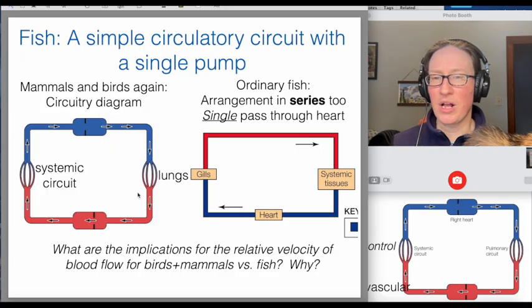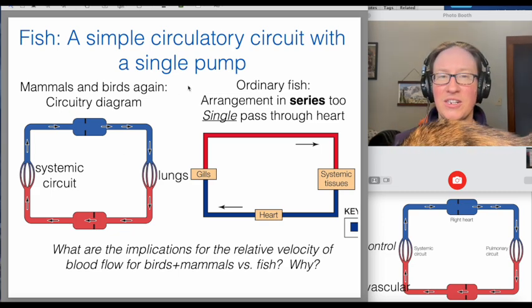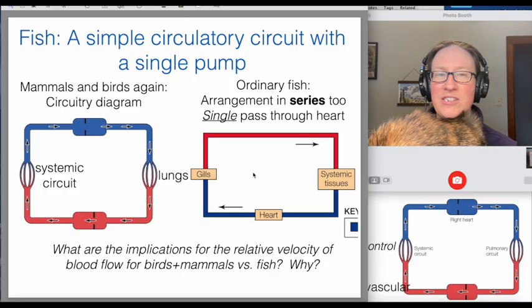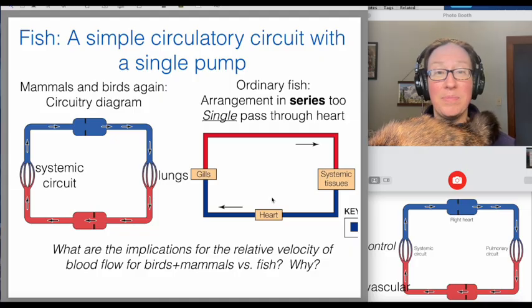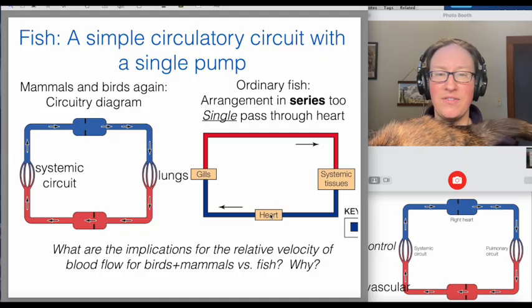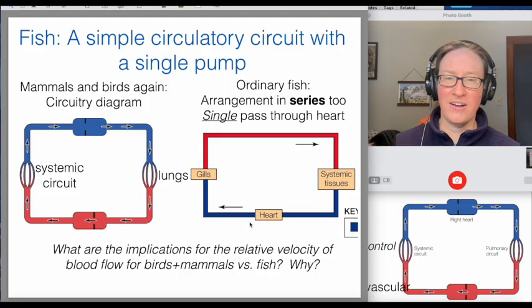So we have all of the blood passing through the systemic side of the heart, traveling through the systemic circuit, coming back to the heart, and then passing through the pulmonary circuit and being fully reoxygenated right before traveling around again. Your everyday fish has an arrangement of tissues in series as well, but blood only makes a single pass through the heart. So it goes from the heart to the gills, it's reoxygenated, it passes to systemic tissues, and then it returns back to the heart.